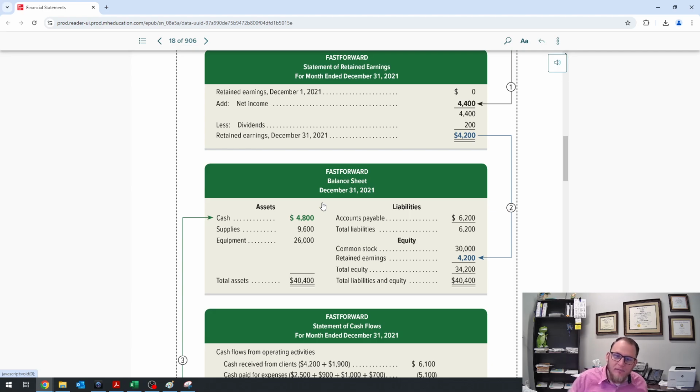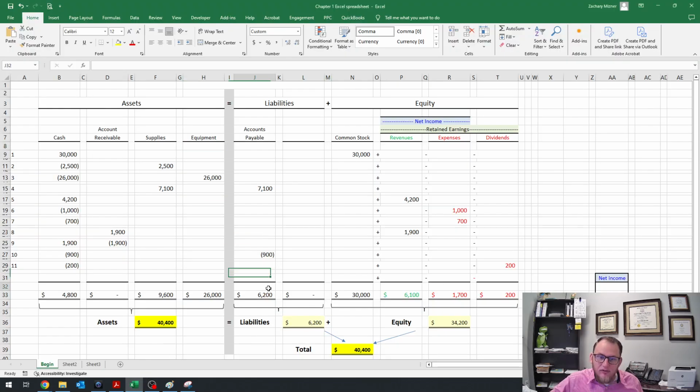Here's our equipment. Looking at our liabilities, we have $6,200 of accounts payable. Because remember, we purchased supplies on credit and we haven't paid it all back yet. And so the $6,200 is in fact our accounts payable at the end of December. Now we have common stock of $30,000 and we calculated out our retained earnings.